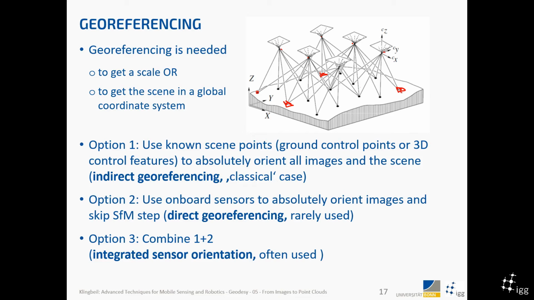But there is an option 3, which is very often used. It's basically a combination of those two. So that means we use known points here on the ground, and we also use known coordinates of the camera. If there's a GNSS receiver on the camera, then we get a coordinate from it, and then these are, together with some ground control points, put into the bundle adjustment, and then everything is georeferenced.